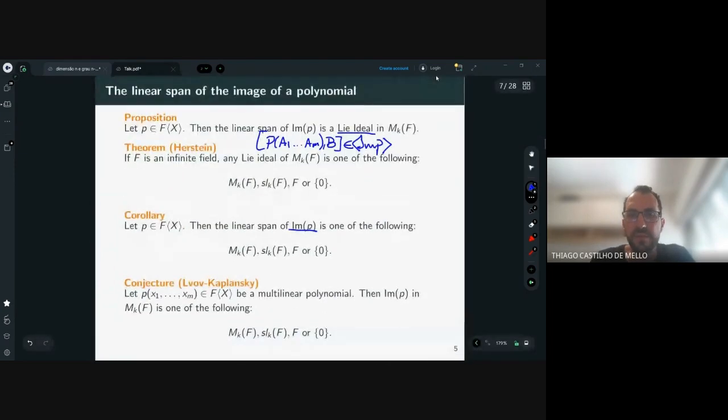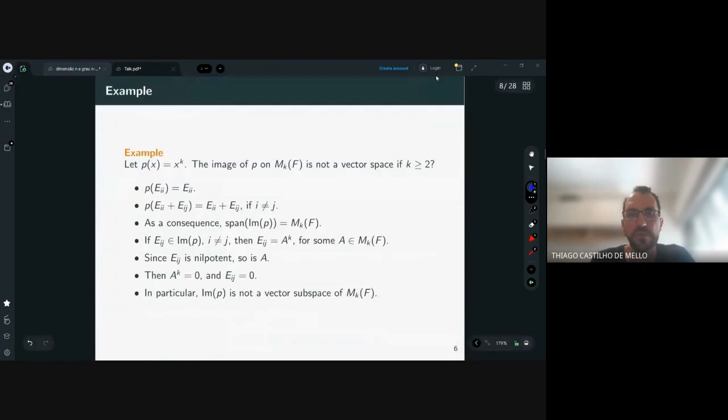Let's see what happens if we consider a polynomial which is not multilinear. So we're going to consider this example here: P of x is x to the k, a polynomial in only one variable. And we're going to evaluate on this and show that it's not a vector space.